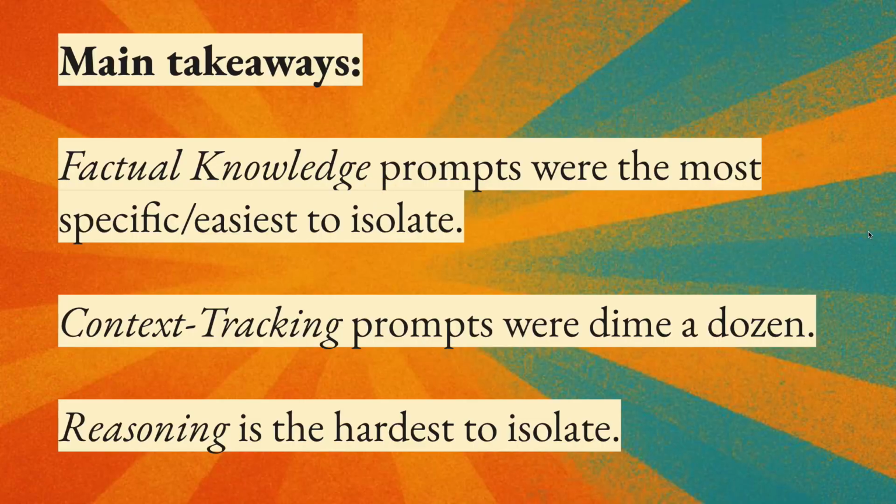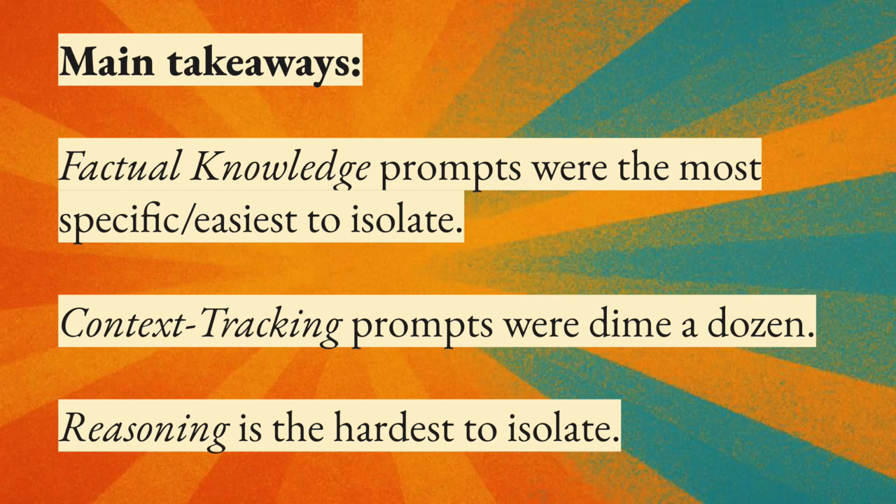So what are my main takeaways from this experiment? First, factual knowledge prompts are the most specific and therefore easiest to isolate, but therefore also hardest to find in my 44 general prompts that were in the eval dataset. Context tracking prompts were a dime a dozen, and context tracking and consistency I'm using synonymously.